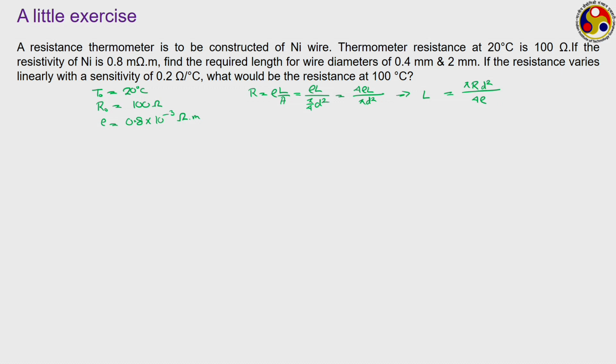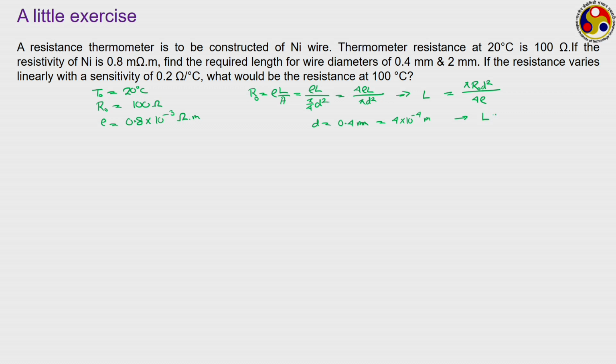At least for the base case, we can write R naught for the initial situation. So, R naught is given as 100 ohm, resistivity is given as 0.8 into 10 to the minus 3 ohm meter, and there are two different values of diameter given. So, if you put D equal to 0.4 millimeter, that is 4 into 10 to the power minus 4 meter, then you can do the calculation.